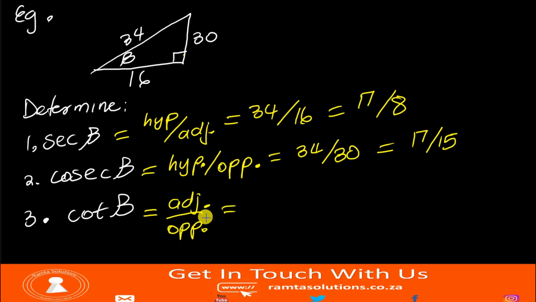The side adjacent to angle beta is 16, and the side opposite angle beta is 30. So this is 8 over 15.